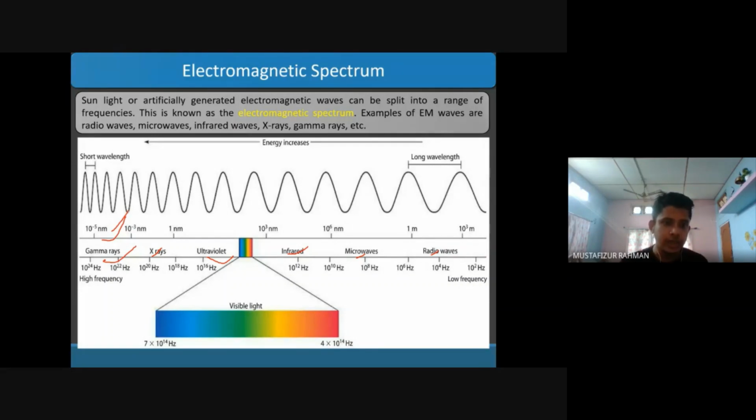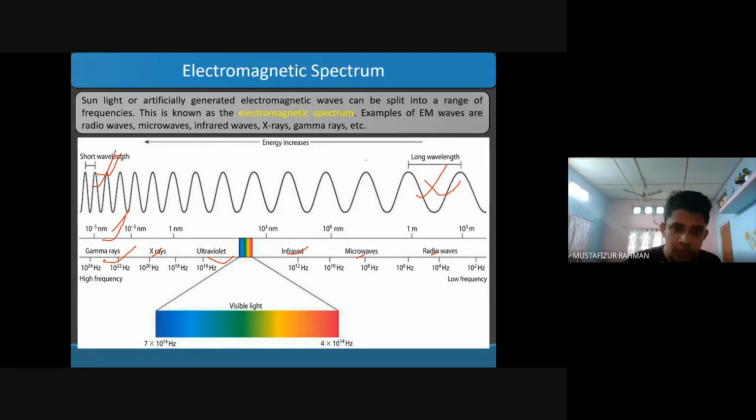When the wavelength is shorter, remember, their velocity is the same. They're traveling with the same speed. So if the wavelength is shorter, the number of completed waves in a second will be more in this region. And in this region, the wavelength is longer, so the number of completed waves in a given second will be less.